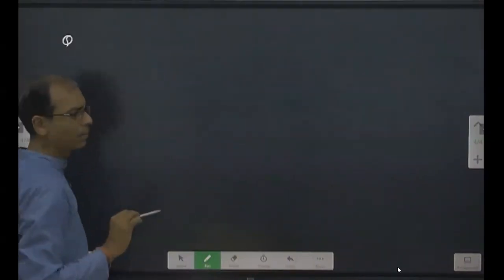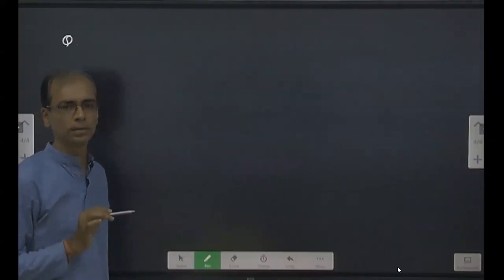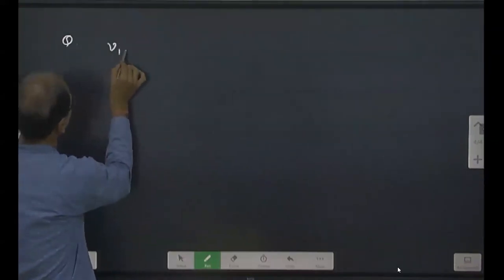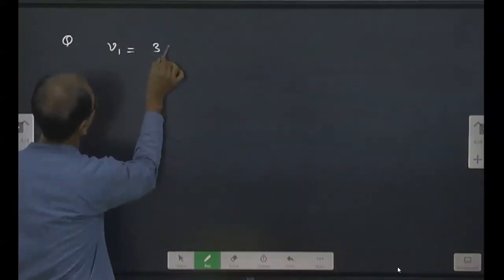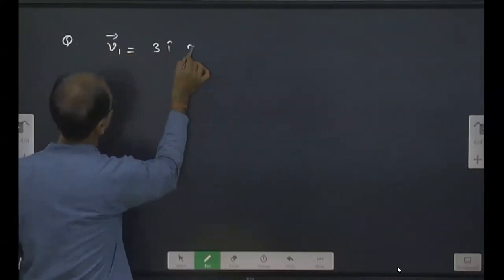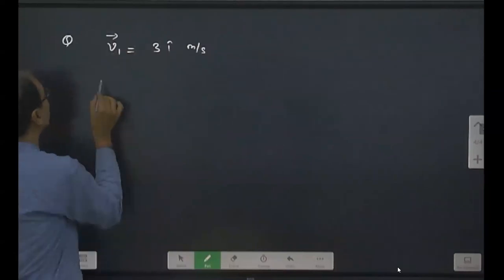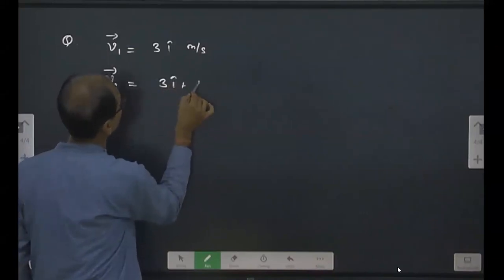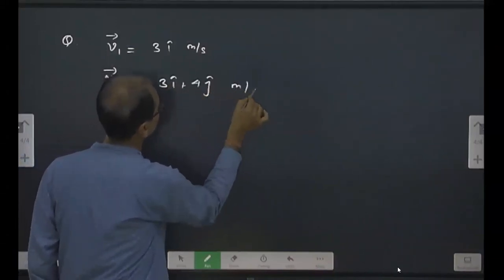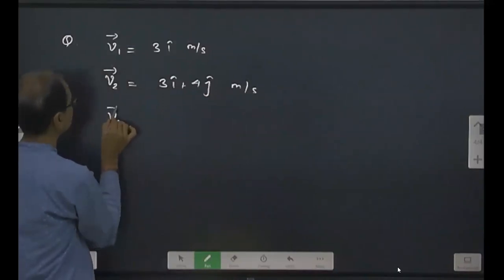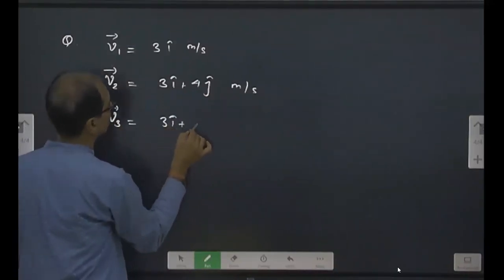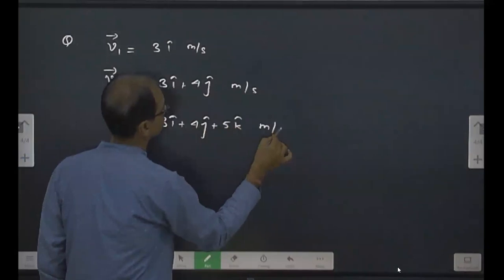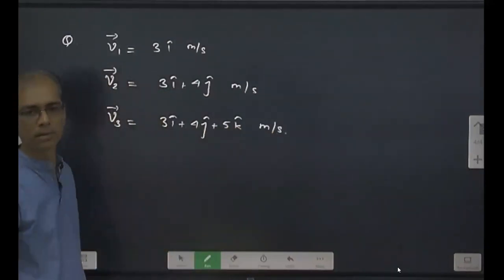A very simple question I am asking, not a tough one. I'm giving you the velocity of three different particles. The first one's velocity is v1 = 3 i cap m/s. The second particle's velocity is 3 i cap + 4 j cap m/s. And the third one, 3 i cap + 4 j cap + 5 k cap m/s.